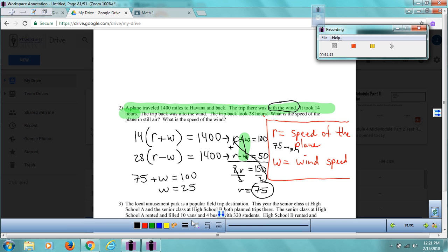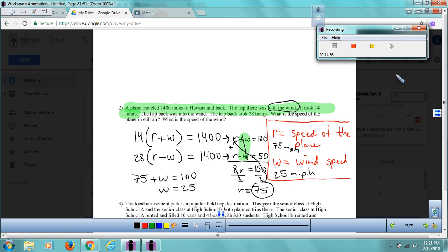Now what does it mean that W is 25? It means that the wind speed is 25 miles per hour. Okay? Right. So 75 miles an hour, the plane is moving with no effect by the wind, and the wind's moving 25 miles an hour by itself.